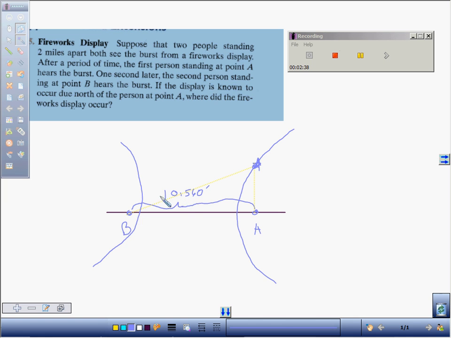So what we know is that this is 10,560, and we also know that it takes 1 second from the time this person hears the burst to the time this person hears the burst.